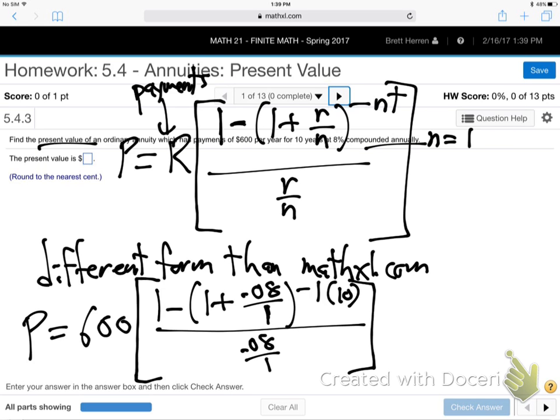Want to try that? Now again, I suggest the easiest way to do this kind of thing is to start on the inside, you know how I always suggest, on the calculator. I would start with the 1 plus 0.08 over 1 to the power negative 10.